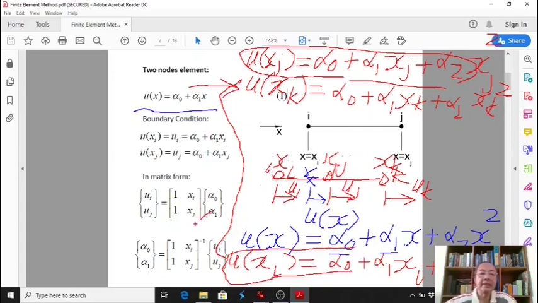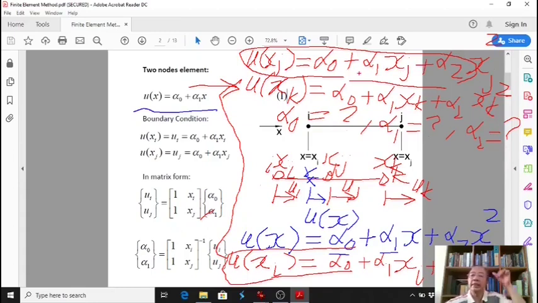Similarly, from just now, we can solve all these three equations to get what value alpha 0 is, what value alpha 1 is, and what value alpha 2 is. So we need to solve three equations. But solving all these three equations is complicated.